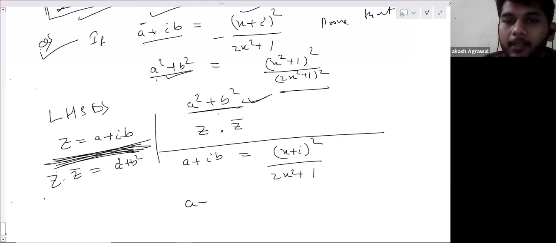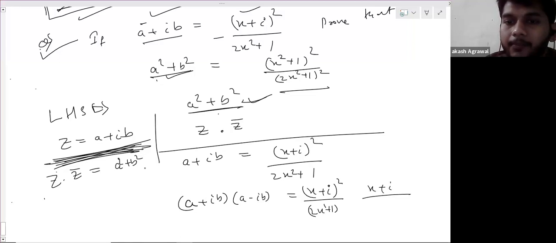So a plus ib, if I multiply with its conjugate, a minus ib, then can I do this also: x plus i whole square divided by 2x square plus 1, multiplying with the conjugate of all this?